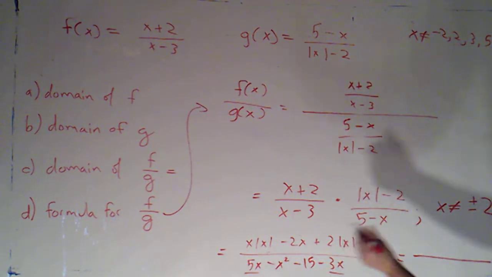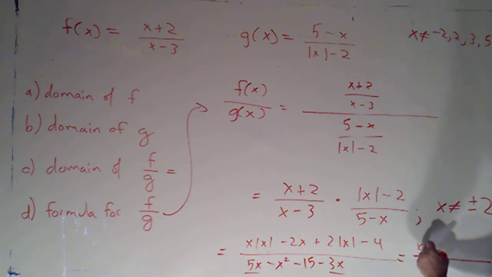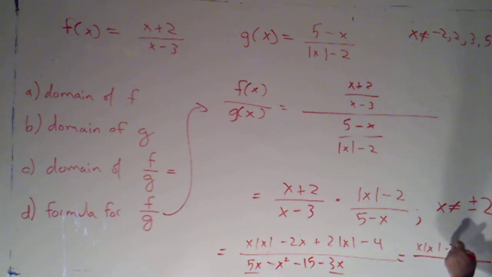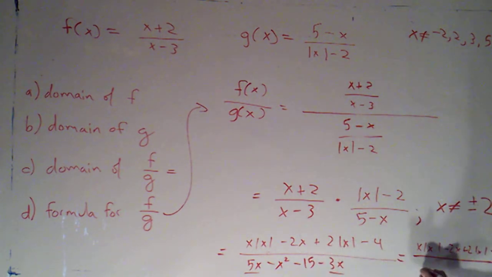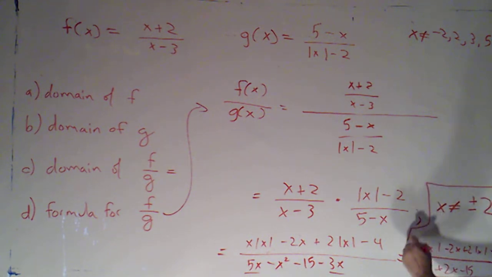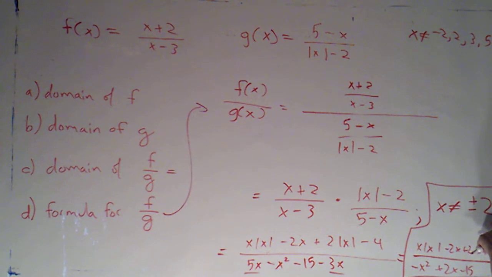So I can say the top is x times the absolute value of x minus 2x plus 2 times the absolute value of x minus 4 over, on bottom I'm just going to write in descending order. So negative x squared plus 2x minus 15, and I'm going to box that together with my restrictions that x is not plus or minus 2.